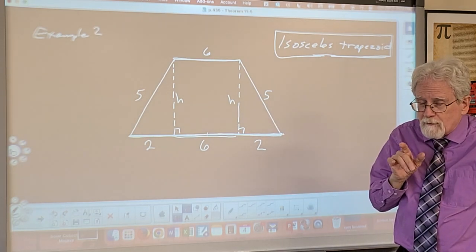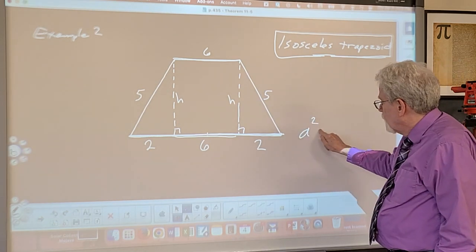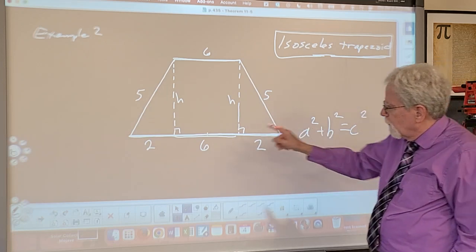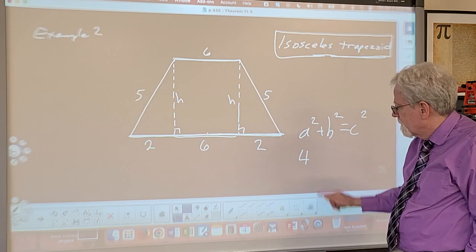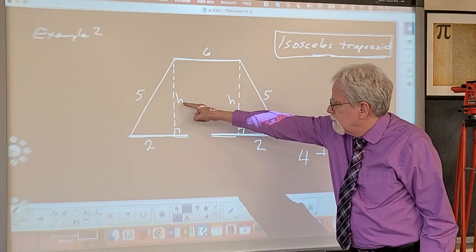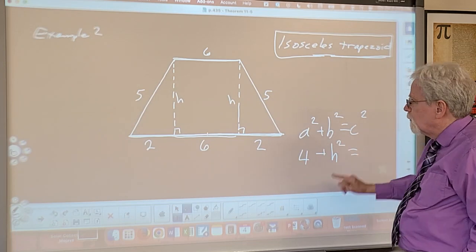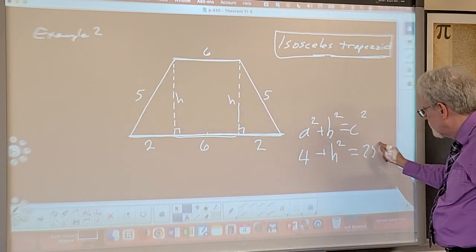Oh, I heard someone whisper it. Pythagorean theorem. a squared plus b squared equals c squared. So we have a squared, that's 2 squared, let's just write 4, plus h squared, b is h squared, equals c, the hypotenuse squared, we'll just write 25.